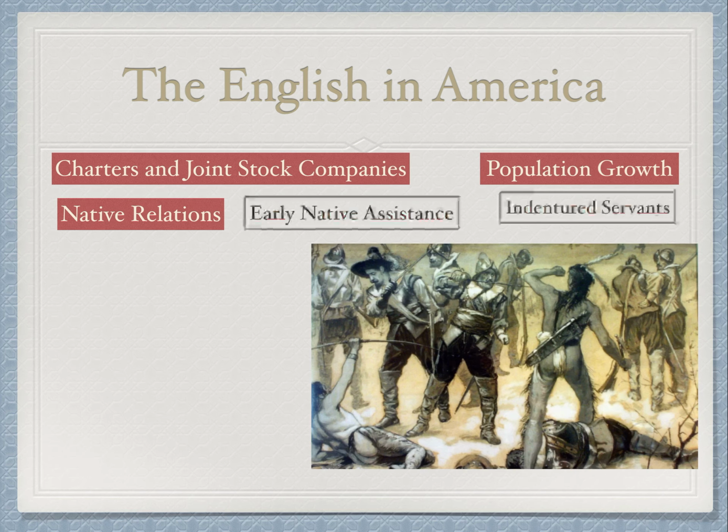And the population growth of the English colonies tends to grow with the arrival of indentured servants. These are people who come to the New World not being able to pay their own way, sometimes willingly, sometimes not willingly. These men, women, and children have to pay off their debts by working for the person who pays their passage until that debt of passage is repaid, or whatever other debt there might be.